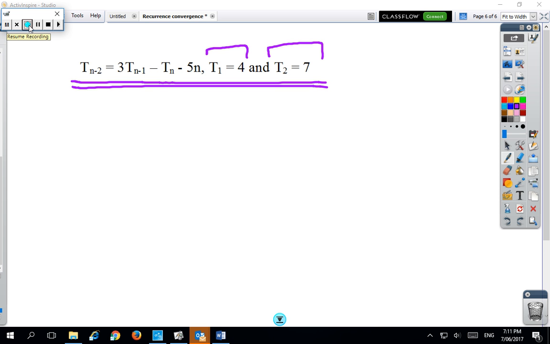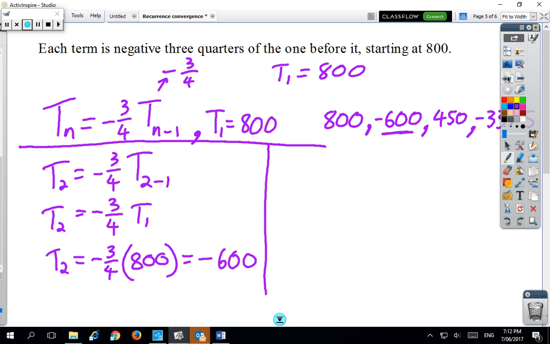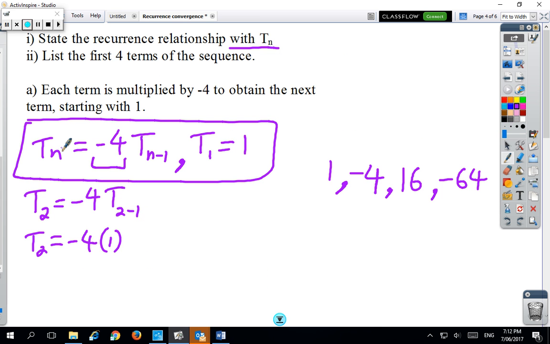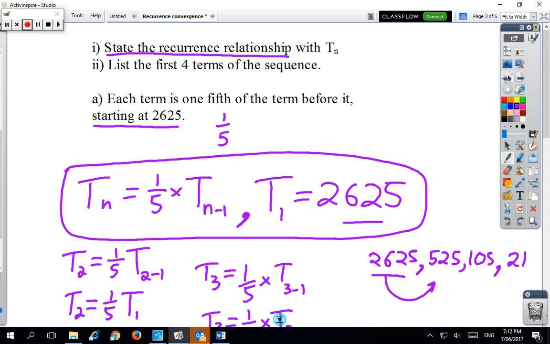It's annoying for several different reasons. You can see over here, it's got Tn minus 2, N minus 1. There is Tn. Now if we look at any of the other ones we've had so far, the ones we've created and used, Tn has always been by itself on the left-hand side. Tn, Tn, Tn, Tn, Tn, all of them Tn by itself.